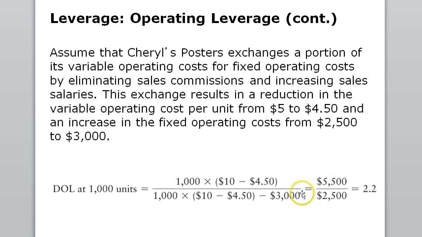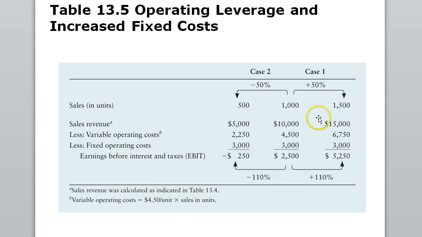So what we can say is, variable costs and fixed costs, depending on their amounts, are going to change the percentage of leverage. So if we look at this case again, a 50% increase, a 50% decrease, we're looking at operating costs here. If we get a 50% decrease in our posters from 1,000 to 500, our EBIT goes from 2,500 to negative 250, which is a 110% decline.